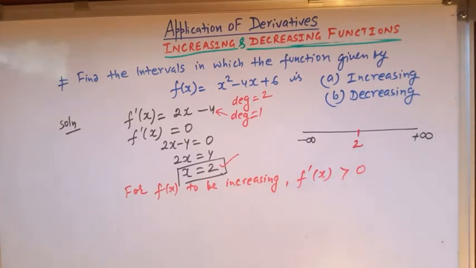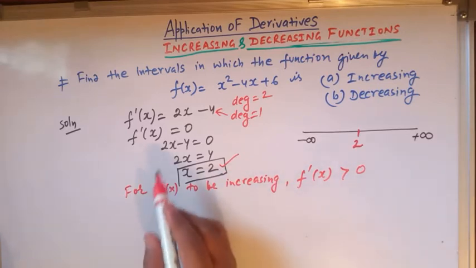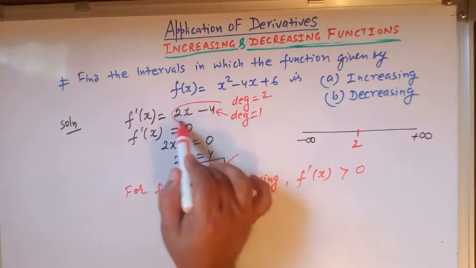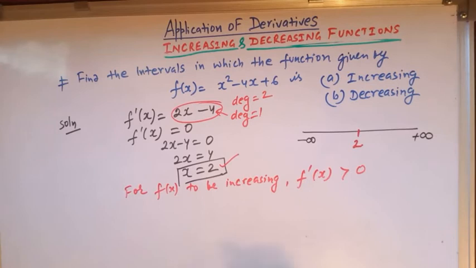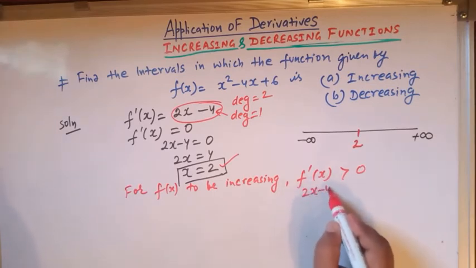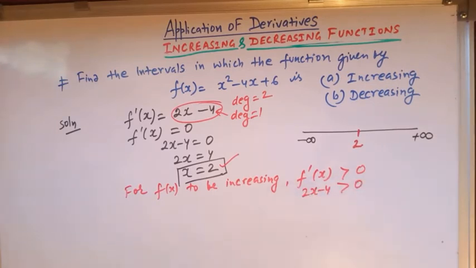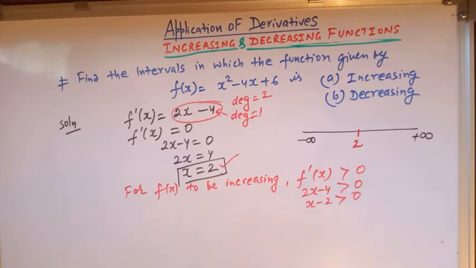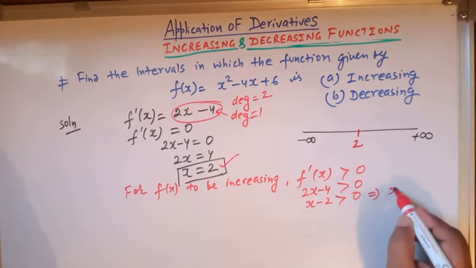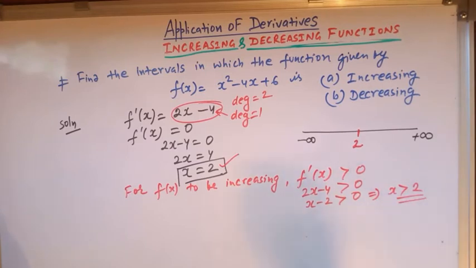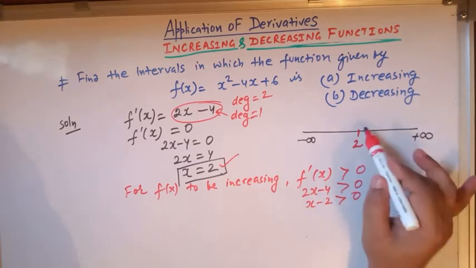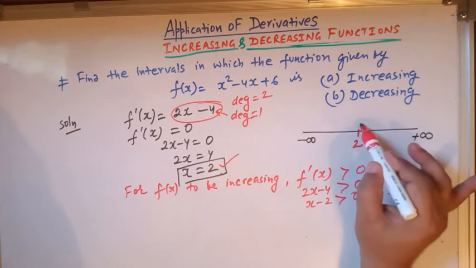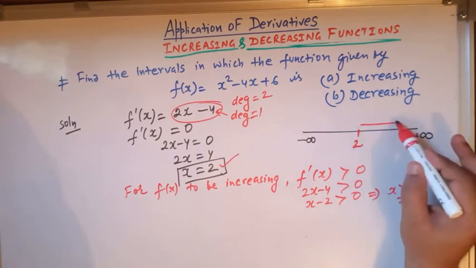Okay, so it means this expression, that is 2x minus 4, must be greater than 0. Now this can be written as x minus 2 greater than 0 or x greater than 2. Clear? So x greater than 2 means this is the solution region.